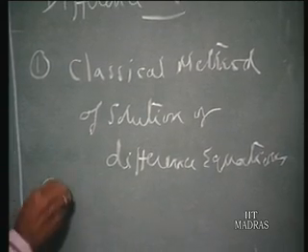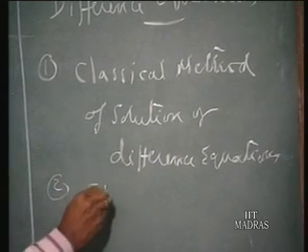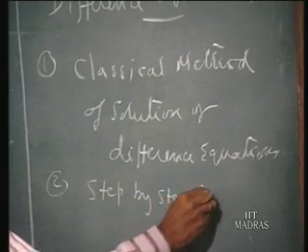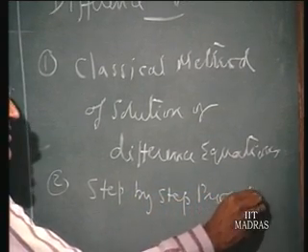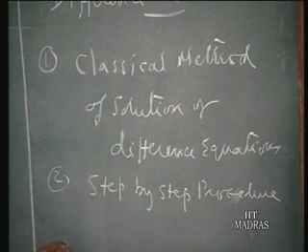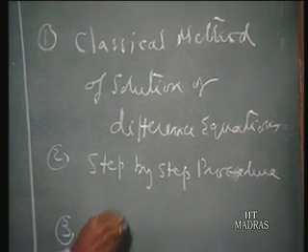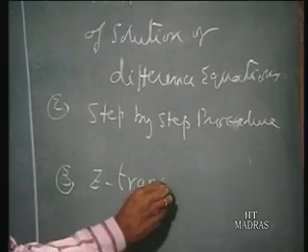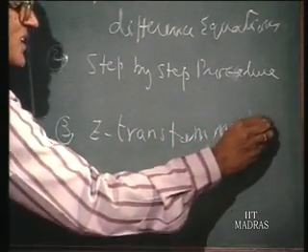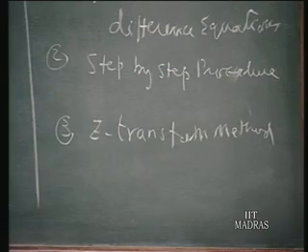Secondly, a very elementary procedure, the step-by-step procedure using a recursive relation. The third method would be the Z transform method. These are the three methods that we are going to discuss.